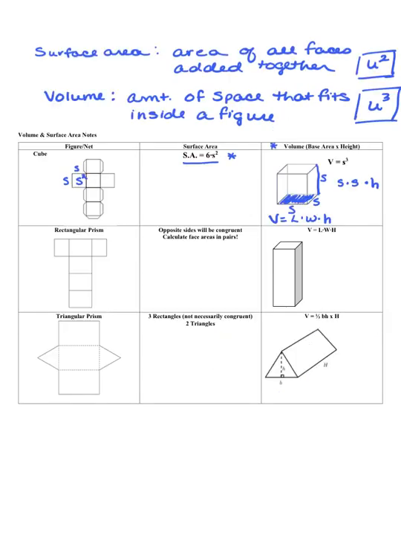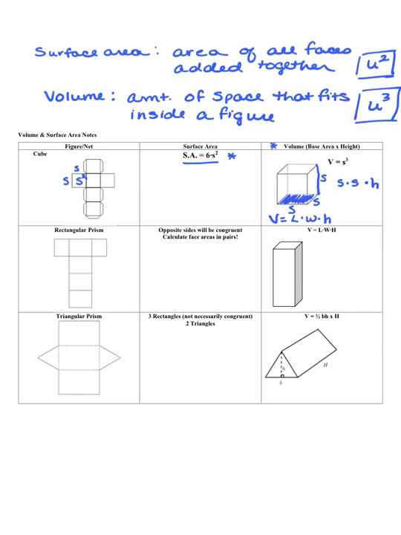The second three-dimensional figure we are going to talk about is a rectangular prism. A prism is a three-dimensional figure that has two parallel faces called bases. So if you take a look here on our rectangular prism, we have parallel faces that we could consider bases. The base could be the side it's resting on, or it may not be.